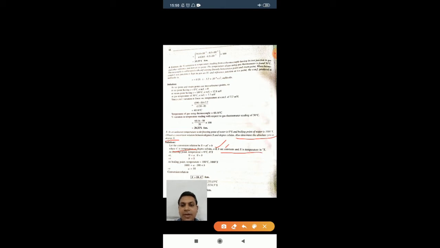Substituting the values at 0 and at 100 degree centigrade, we determine the constants A and B. Therefore the conversion relation is this, which we have found, and absolute zero means minus 273.15 degrees centigrade. Hence, in the X scale, it will be at this point. So these are very simple numericals.